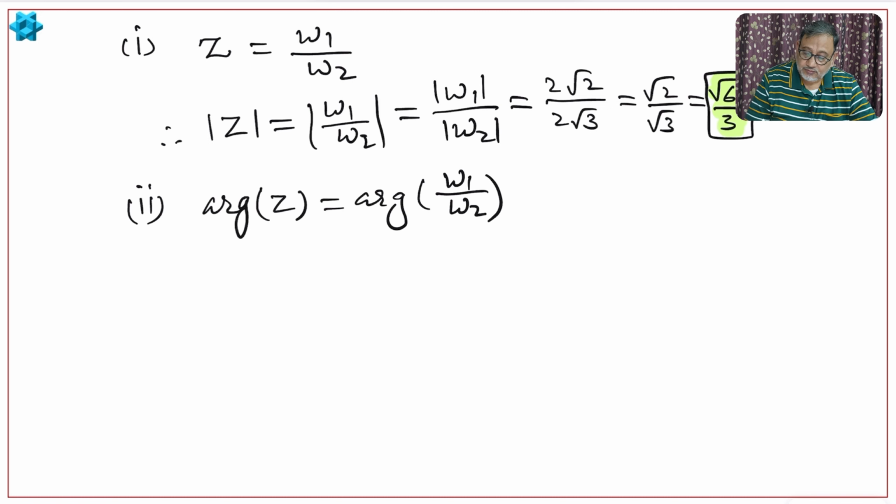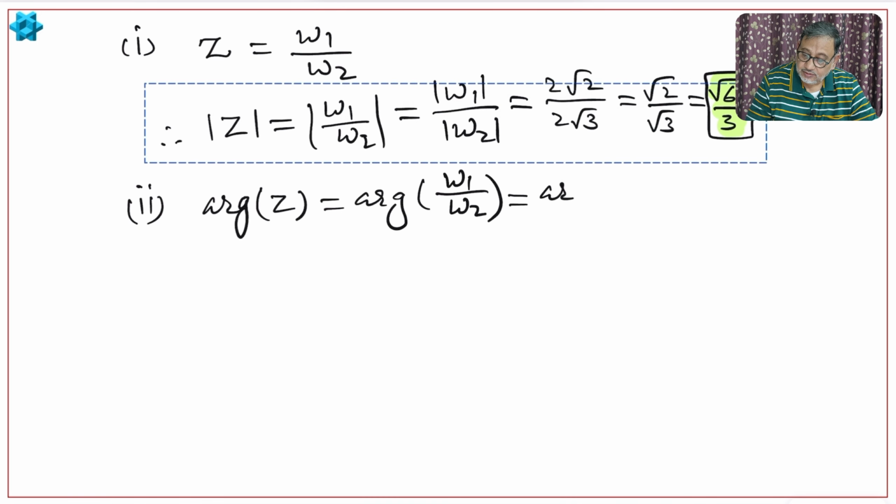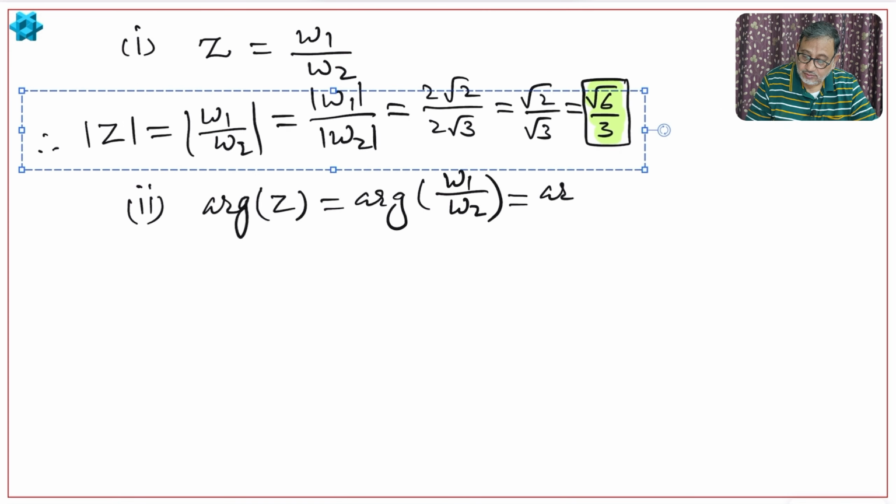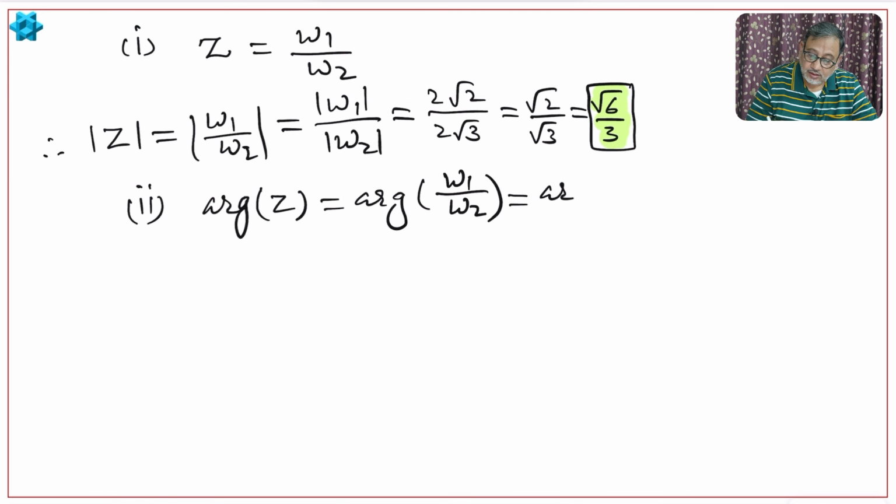So which will be argument of w1 minus argument of w2, right?